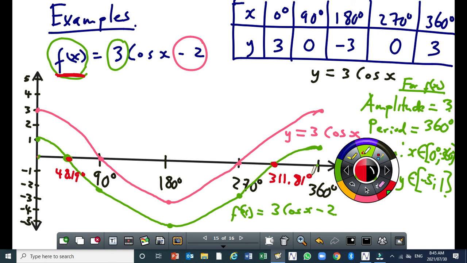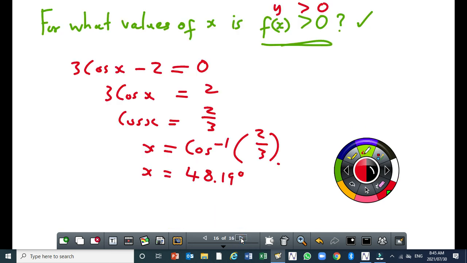Okay? If you use your calculator and say cos 48,19, it will be equivalent to cosine of 311,81. Alright? Now we are almost there in terms of the answer. So what will be the answer? Well, here I can also say, or x is equal to 311,81 degrees. So what will be the solution?